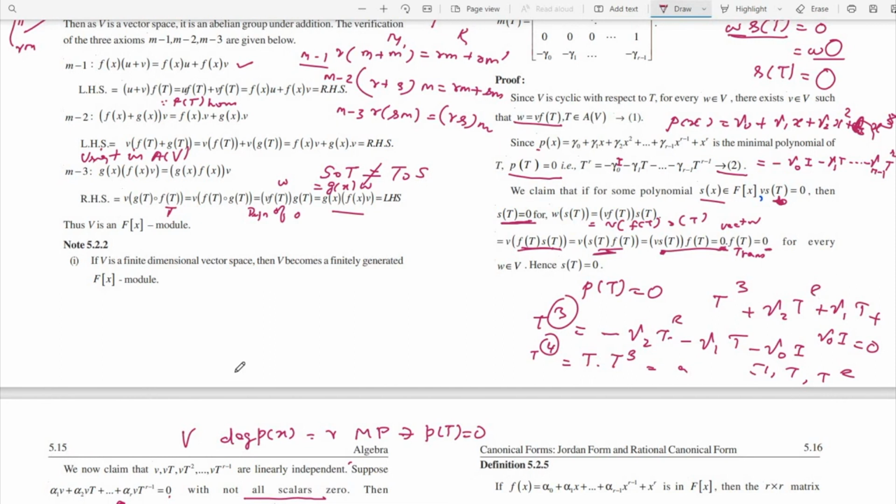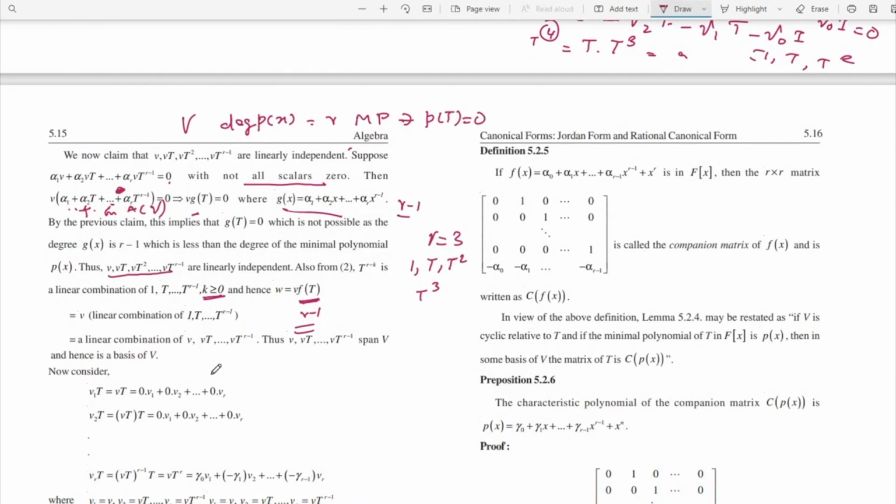So it is in the same way we have here. And so when you consider f of t, v as a linear combination of I, t and so on, t power r minus 1, together with this, it will be a linear combination of v, vt and so on, vt power r minus 1. So these span V. Already they are linearly independent in V, and these span V, so they form a basis of capital V.